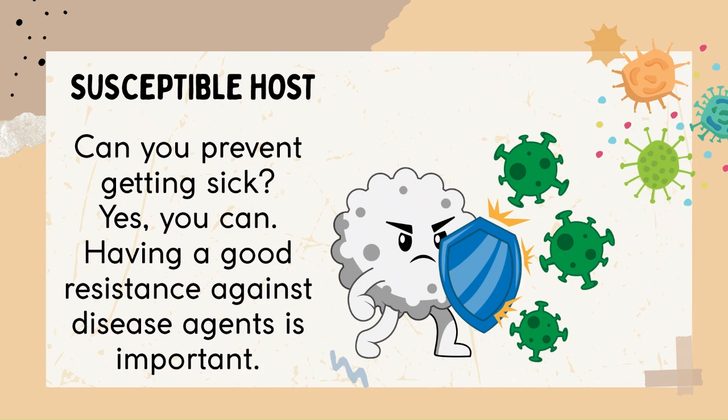To strengthen our resistance, we should again eat nutritious food like fruits and vegetables, get enough rest and sleep, drink plenty of water, exercise regularly, and get vaccinated to protect against certain diseases. A strong body with a strong immune system can fight off germs easily, making us healthy and active every day.